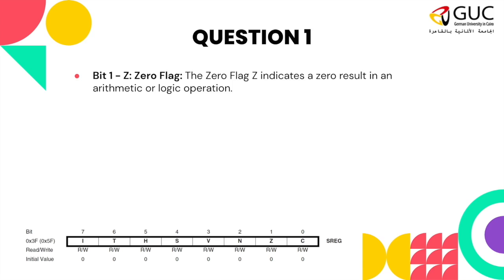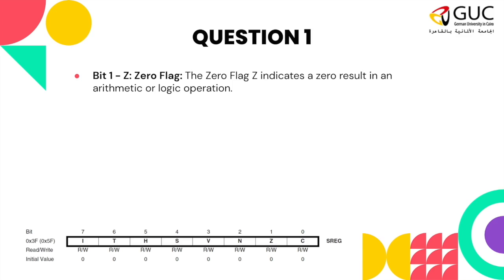The 0 flag indicates a 0 result in an arithmetic or logic operation. So if the result was a 0, this means that the 0 flag will be 1. If the result was any other number other than 8 zeros, this means that the 0 flag is 0 and the result is not a 0.